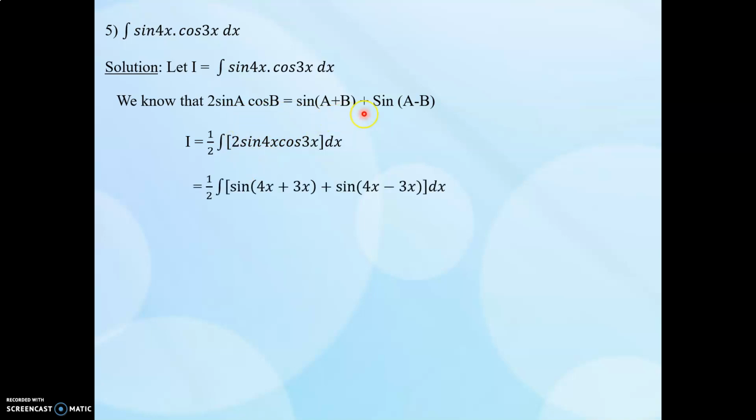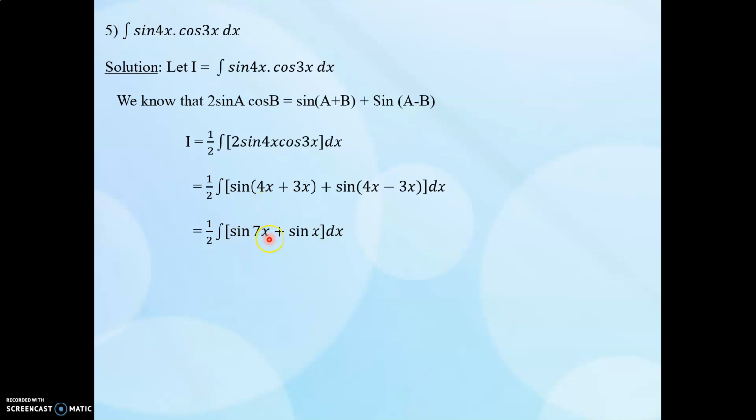So that is sin of a plus b plus sin of a minus b. In the place of a it is 4x and b it is 3x. So sin 4x plus 3x plus sin 4x minus 3x dx. That is 1 upon 2 integral sin 7x plus sin x dx.